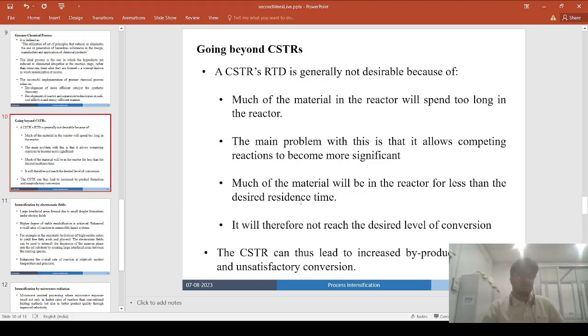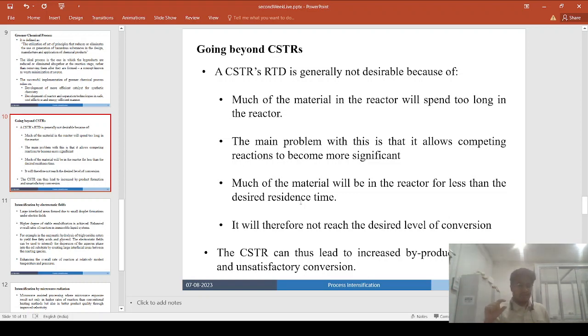So if you see the residence time distribution curve for a CSTR, you will notice the presence of dead zones, because the residence time distribution graph will not completely go to zero. There will be just a long tail along the x-axis.